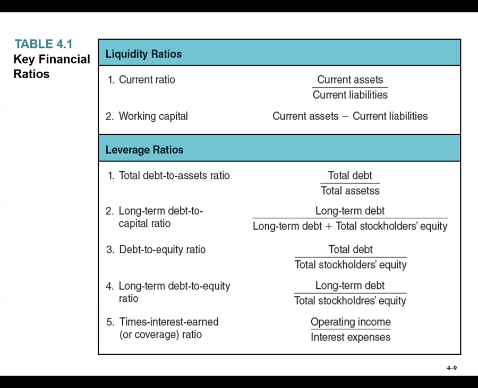It's just subtraction, addition, and then division. But you need to select the right items to calculate it. So that's the key financial ratios.